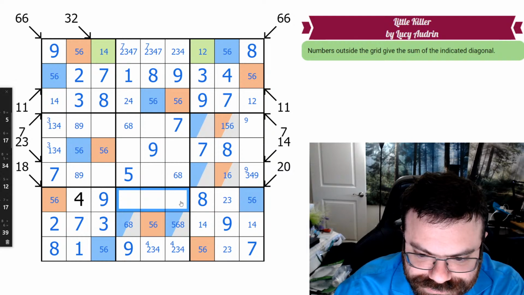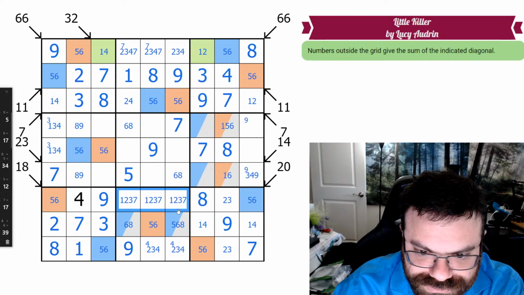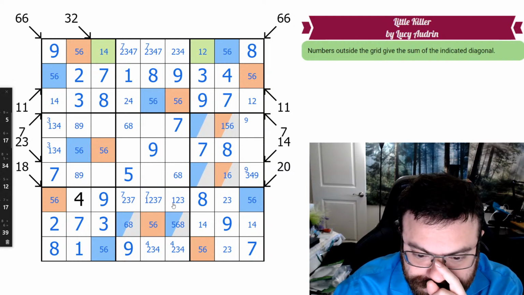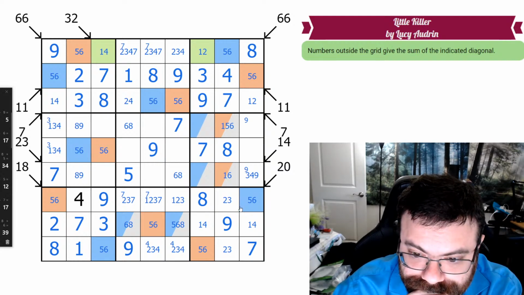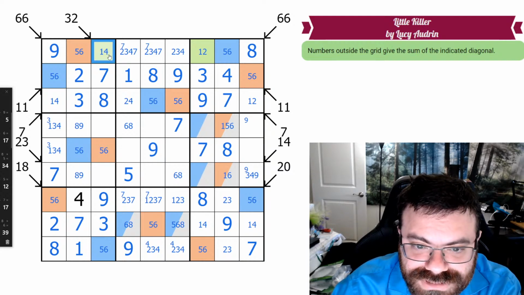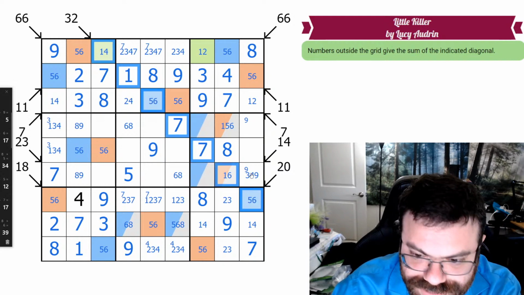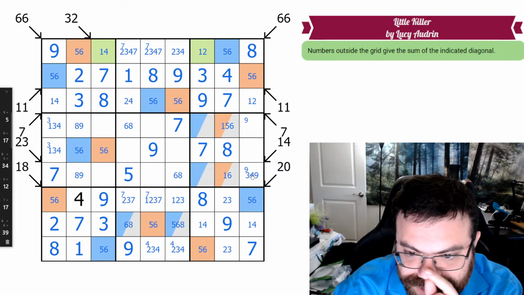What do we have here? We need 1, 2, 3. We have 4, 5, 6. We need 7. I wonder if there's some interaction between these. Doesn't seem like there would be.